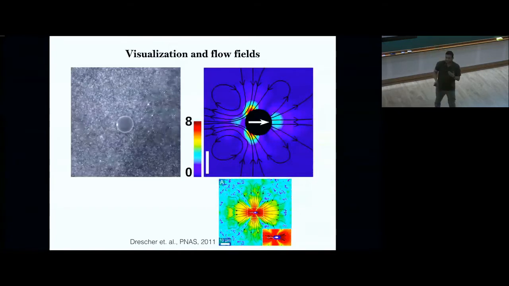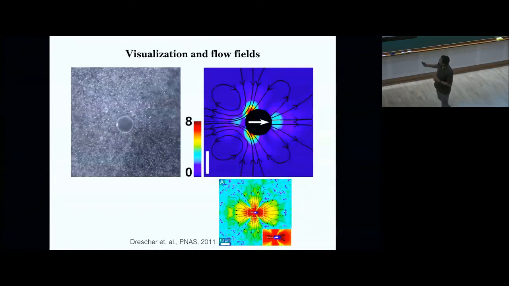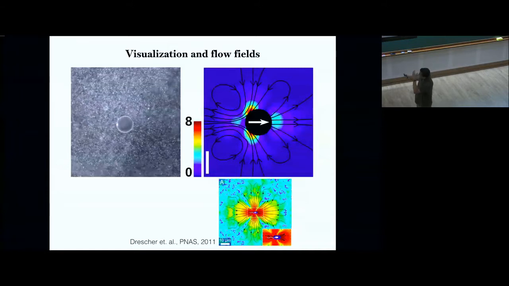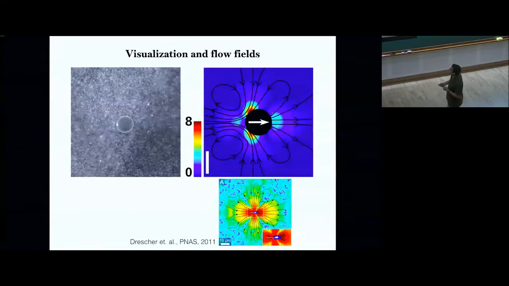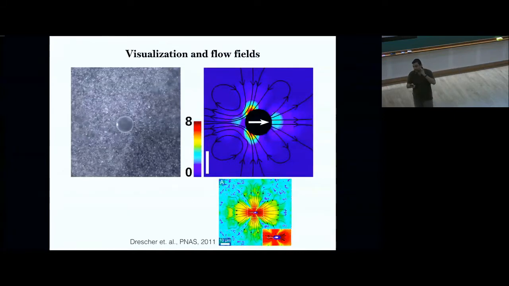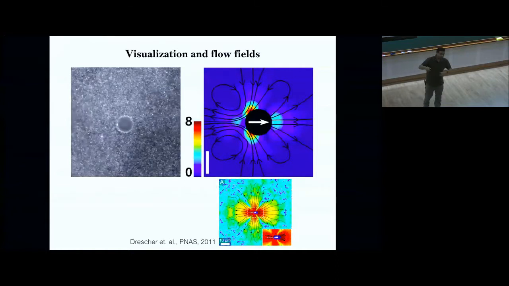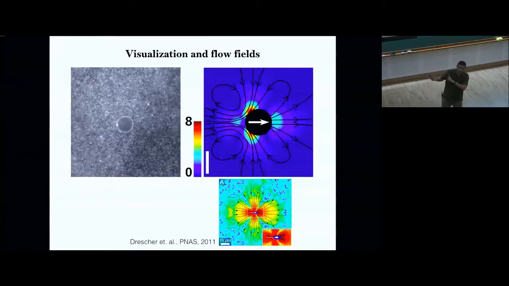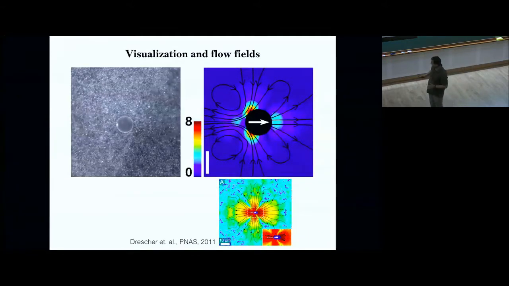So this is a physical realization of the Squirmer model, if you will. And so you can affect the long range hydrodynamic flow field by affecting this either through geometry or by other methods, like you can change the liquid crystallinity of the internal phase or use temperature and so on and so forth.